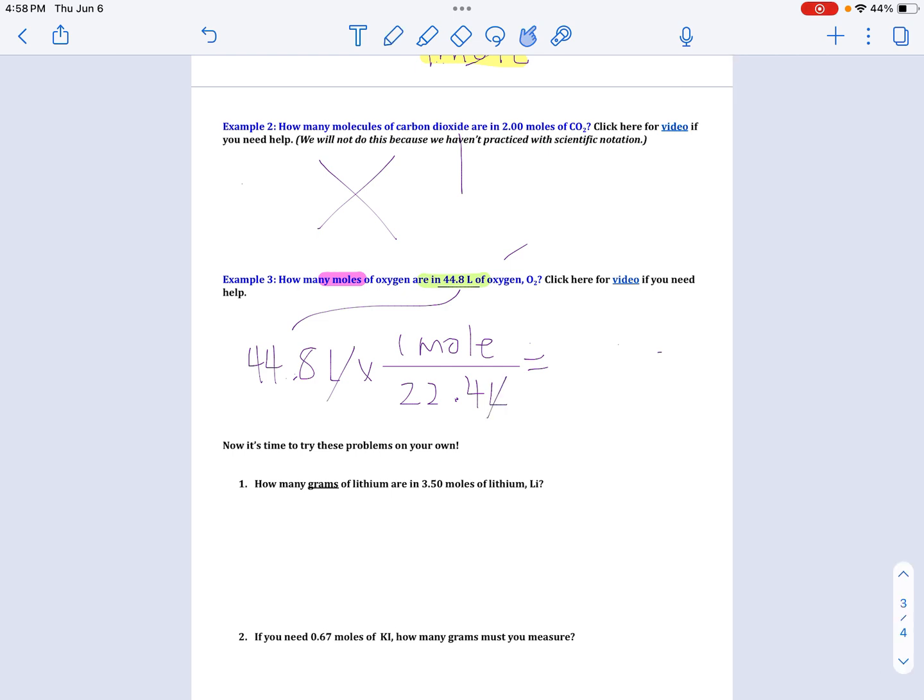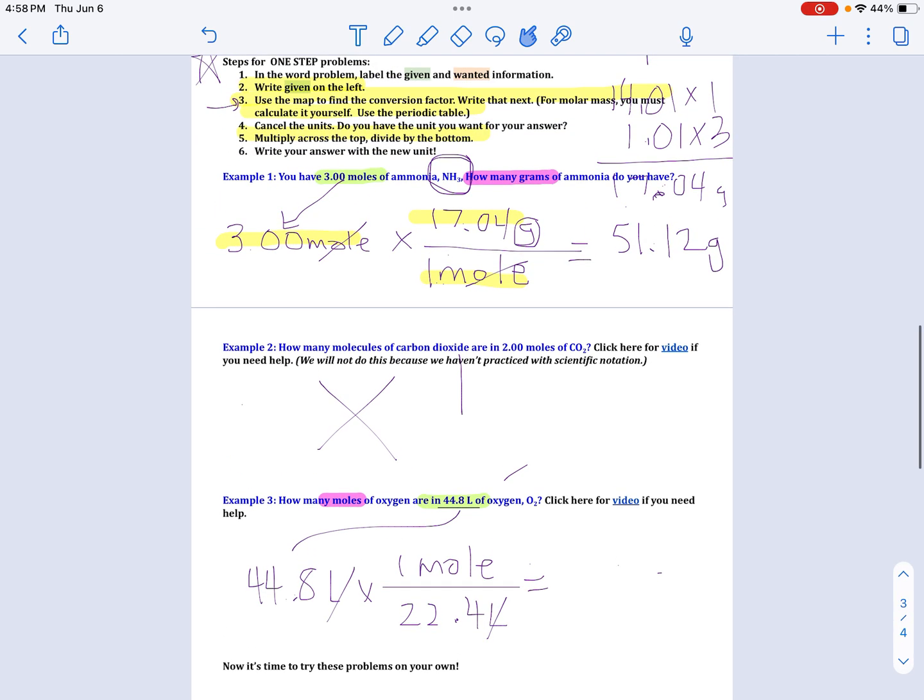And remember, step 5 says multiply across the top and divide by the bottom. So this time, when I take 44.8 times 1, divide by 22.4. And my answer is 2, and the unit is moles.